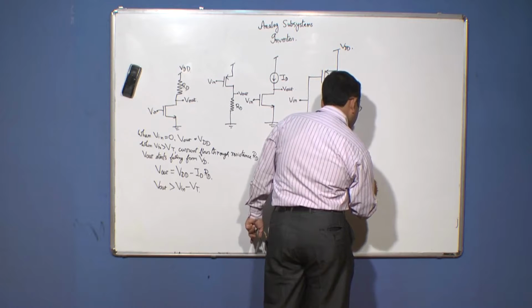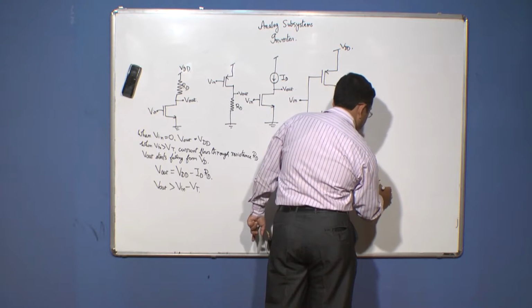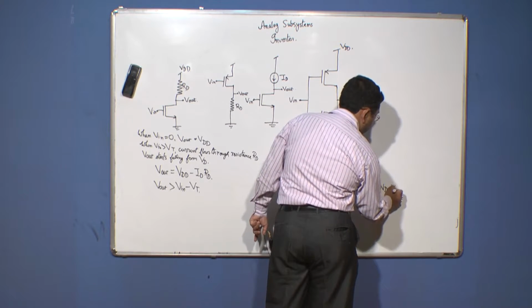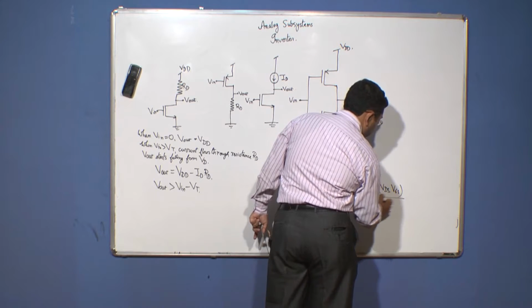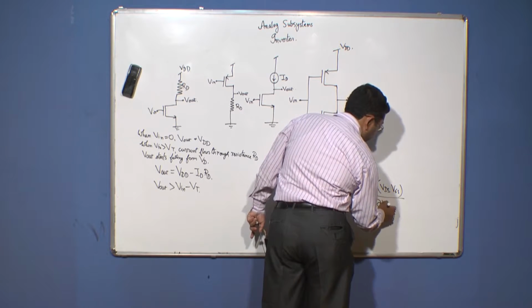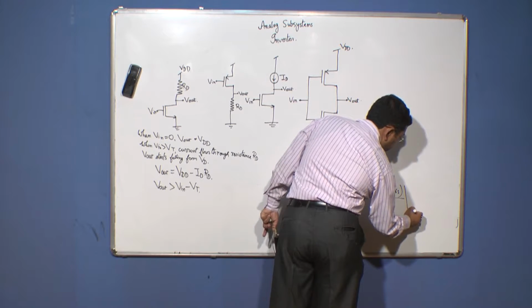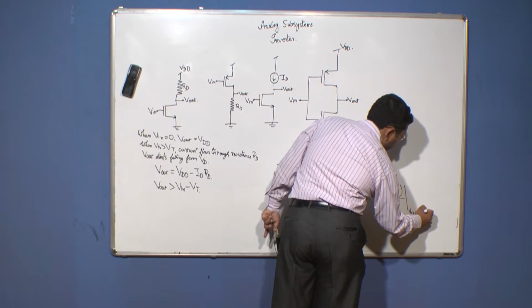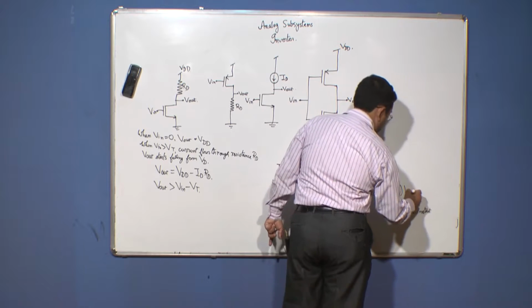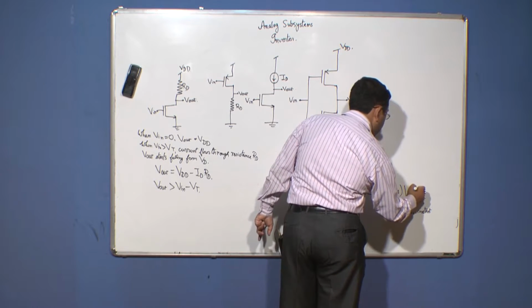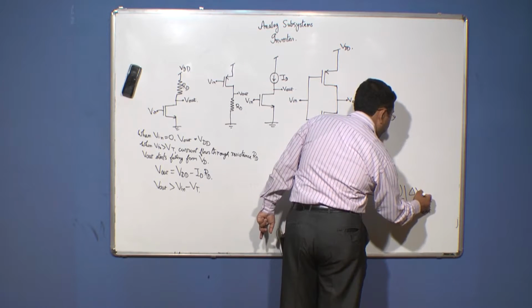plus del F(VDS, VGS) by del VDS at constant VGS, into delta VDS.